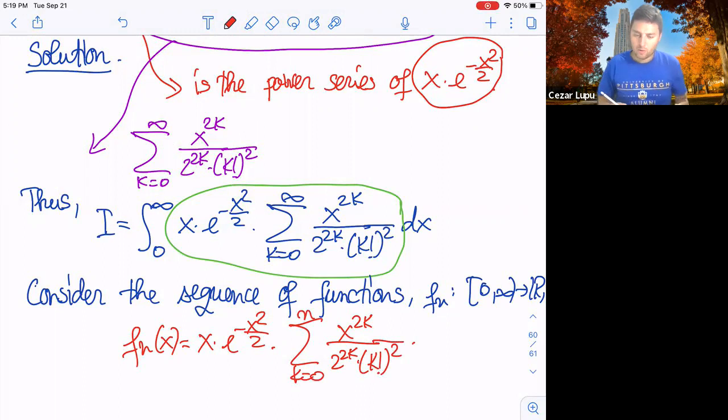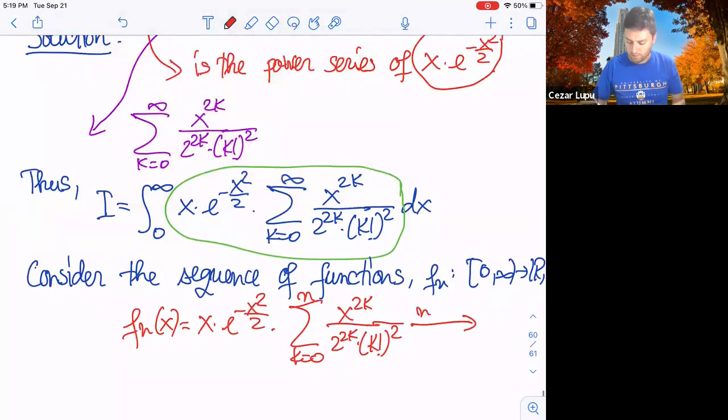All right, so this will converge pointwise. Let's say we take the limit to some function f. Okay, so this will converge to some function. And now let's see if we can dominate this.